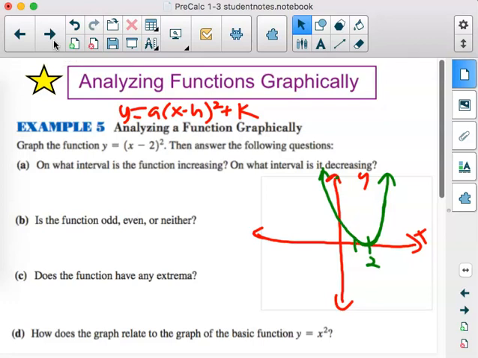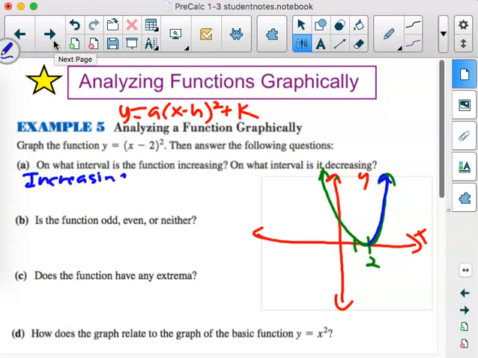So then they start asking us those questions about the analysis. On what interval is the function increasing? And I remember that has to do with what the graph is doing from left to right. Well, that's not this part because that's decreasing. But right here, that's where it starts increasing. So my increasing is going to be from 2, because I use the x's to describe that, to the right forever. 2 to infinity.